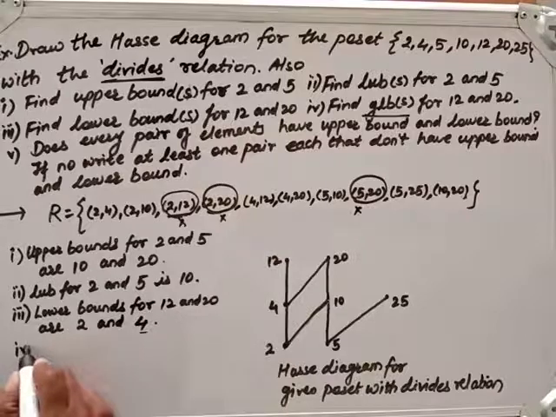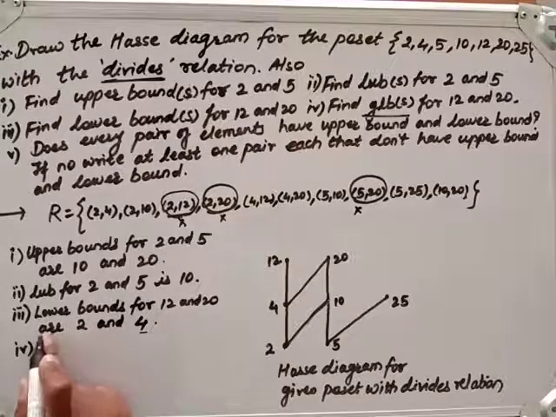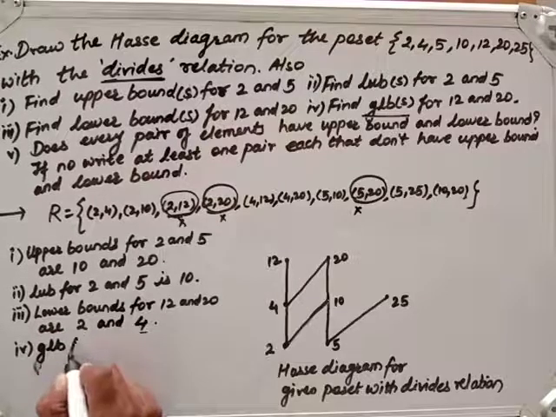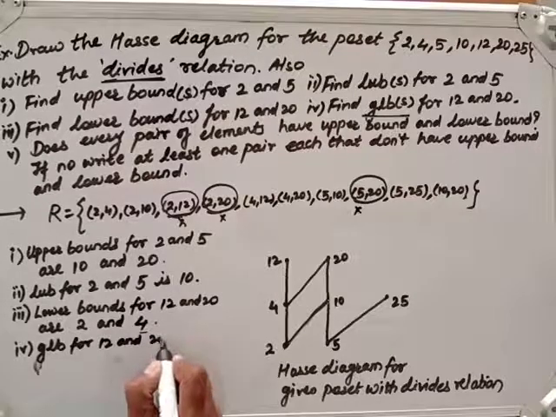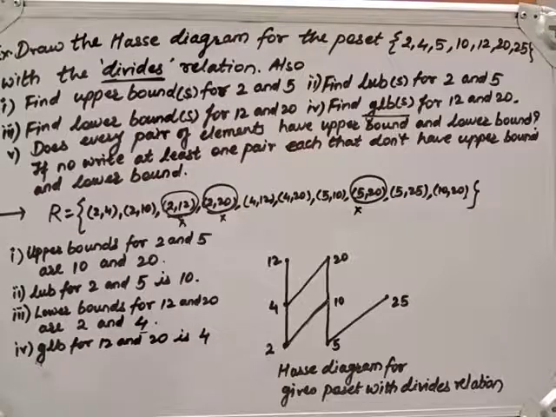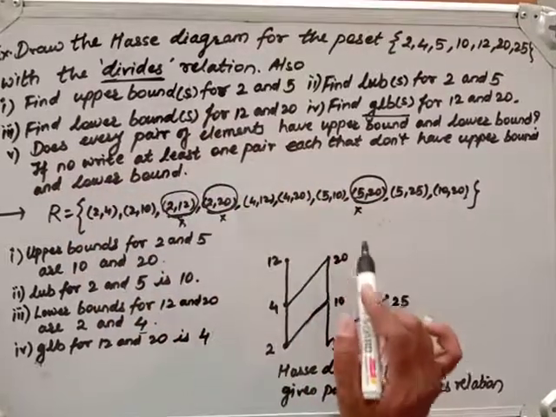So I must write the answer that the greatest lower bound, GLB, for 12 and 20 is only one. So that is 4.